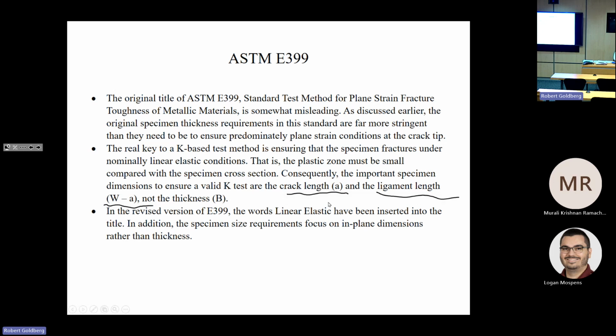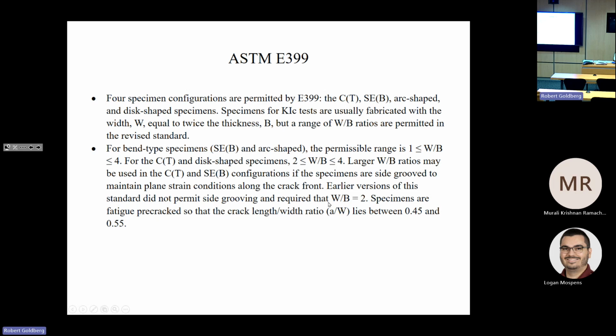And in the revised version, the words linear elastic were inserted into the title, and the specimen size requirements focus on the in-plane dimensions rather than the thickness. So four specimen configurations are permitted by the standard. The compact tension is what we'll mostly talk about.